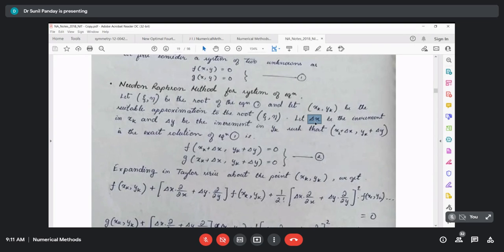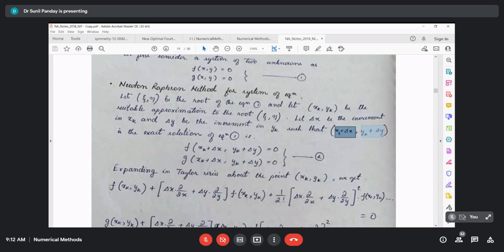If I add this delta x to xk, I will get xi, and similarly in yk, if I add delta y, I will get eta. Delta x may be negative or positive, but adding it to xk gives me xi.